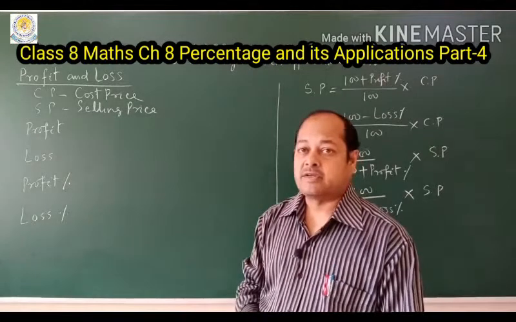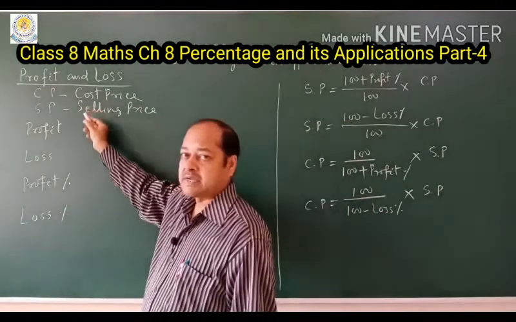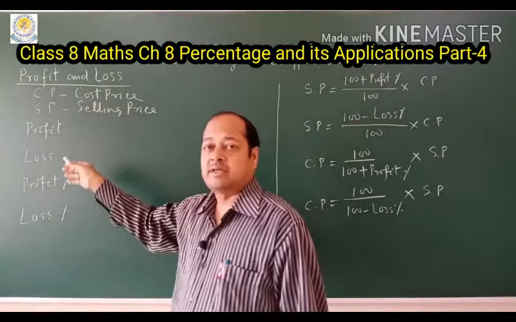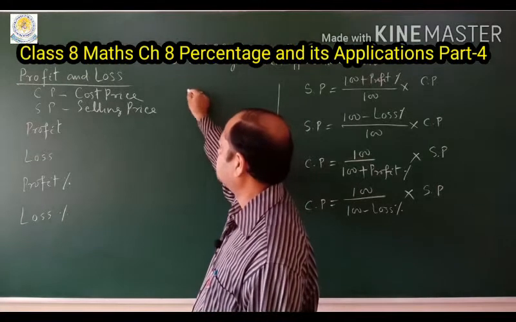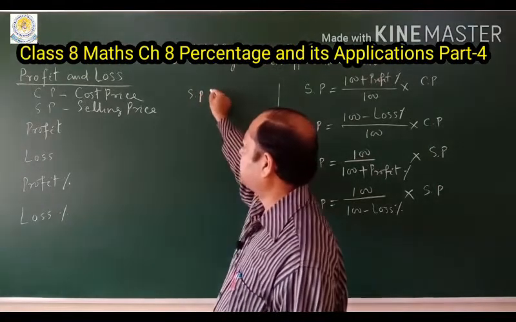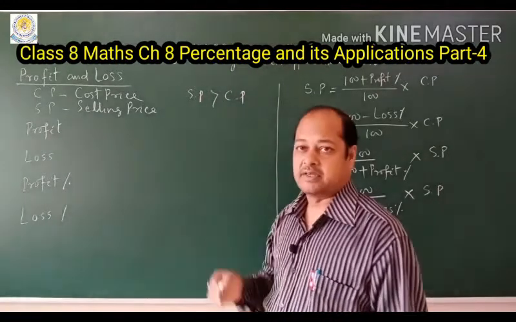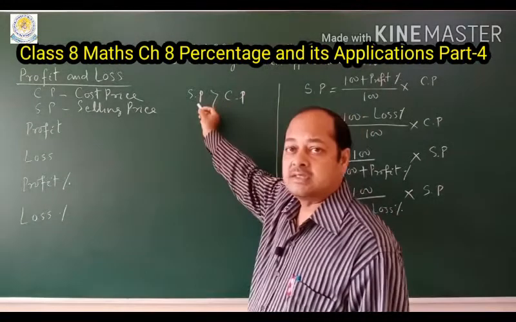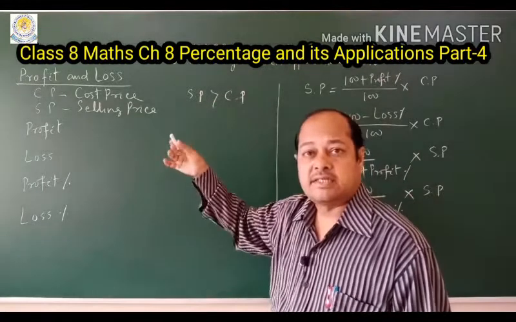And what is profit? Whenever there is a difference of selling price and cost price, we can calculate the profit and loss. If selling price is greater than cost price, we call it a profit. Whenever the selling price is greater than the cost price, we call it a profit.